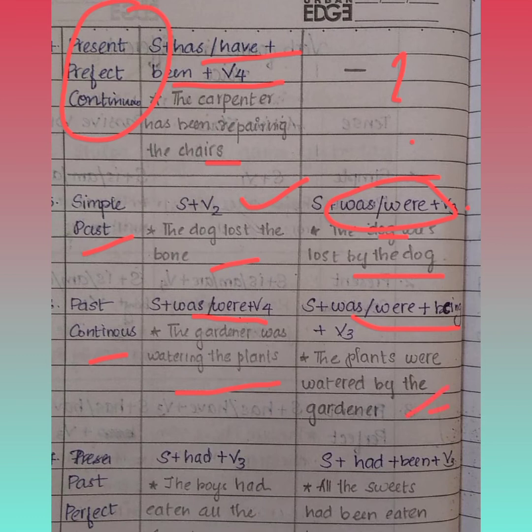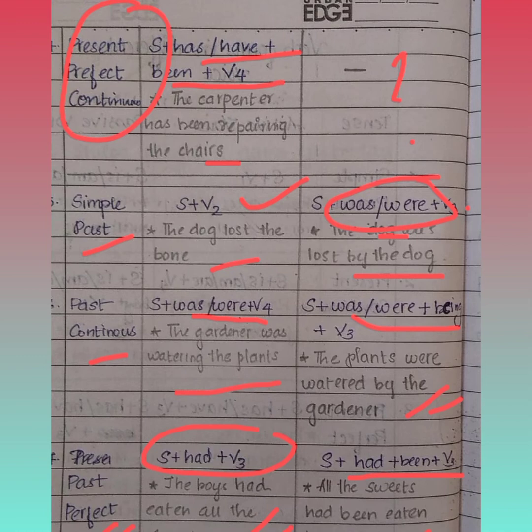If the sentence active voice is in past perfect tense, the structure will be subject plus had plus V3 form of the verb. So here example is, the boys had eaten all the sweets. So when it is changed into passive voice, had been plus V3 form of the verb we have to add. So all the sweets had been eaten by the boys. Okay, clear?